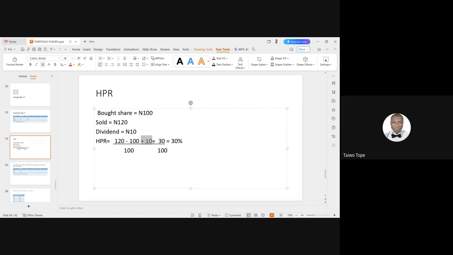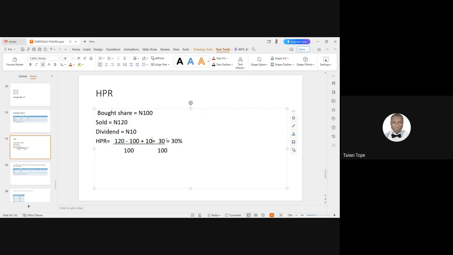Take note, I'm emphasizing, so that when I come to the big question I will not get too many questions. Where you are not given dividend income or any form of income, you ignore and solve by saying 120 minus 100 divided by 100, and you get your percentage. You get your expected return.